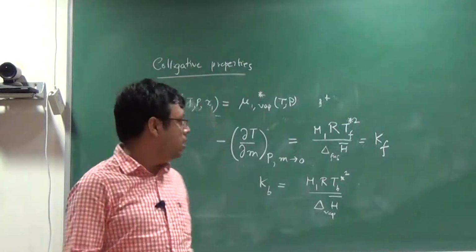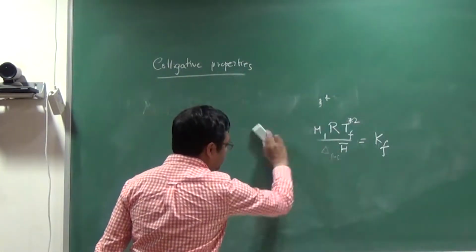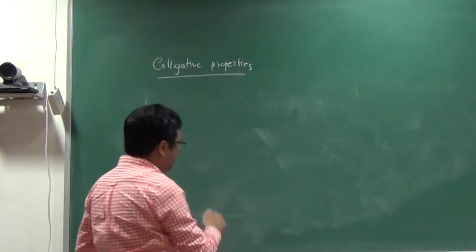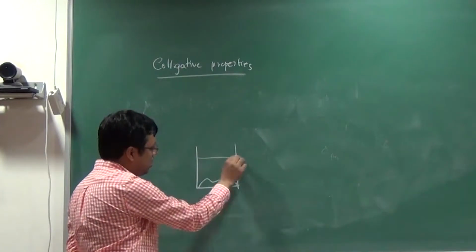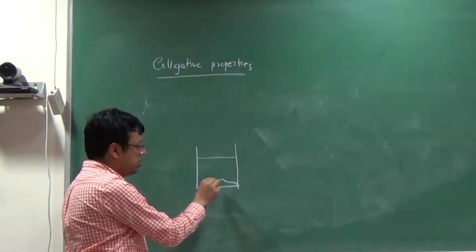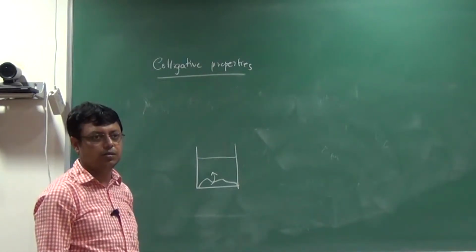Now, the problem we are discussing right now is something like, suppose I have a salt here and I have liquid. So that basically the salt or something comes into the solution.